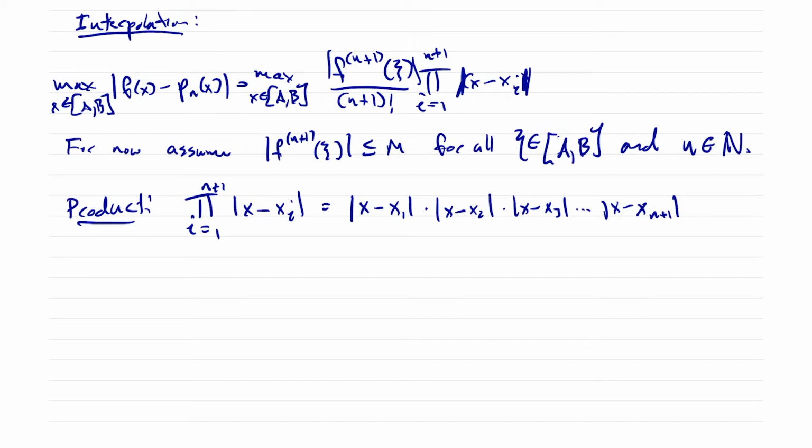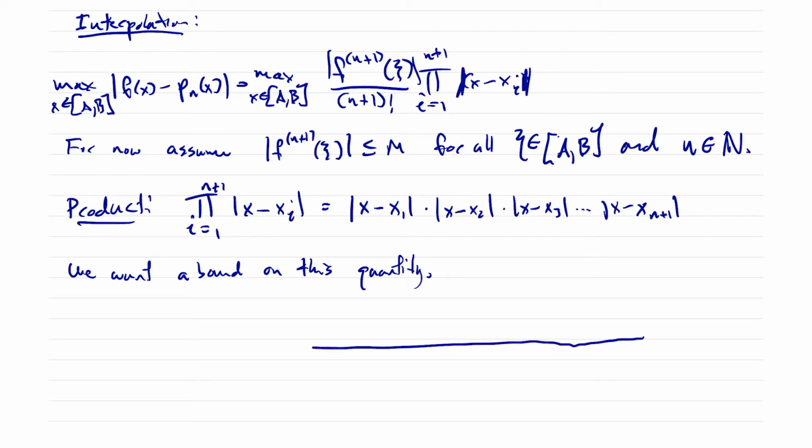And so I need to get a bound. We want a bound on this. All right, so let's take a look at what we have. And we're going to assume equally spaced points.